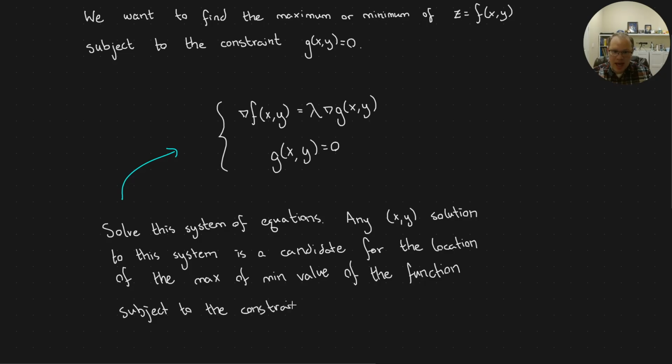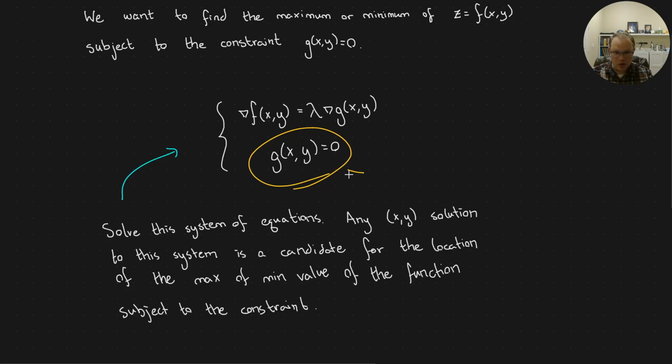And that's because any x y solution to this system, since the gradients will be scalar multiples of each other, means that we found a place where the level curve and the constraint are tangent.